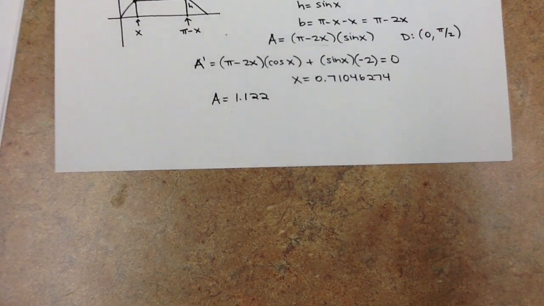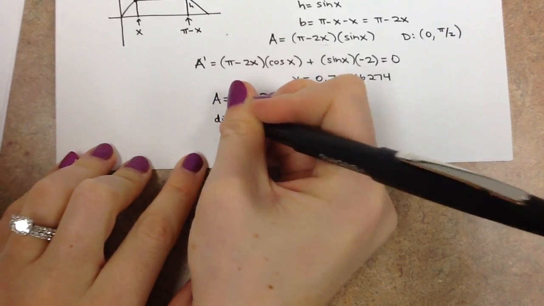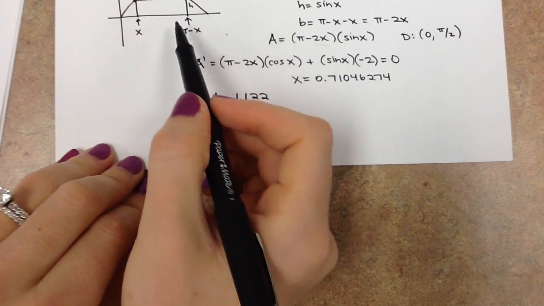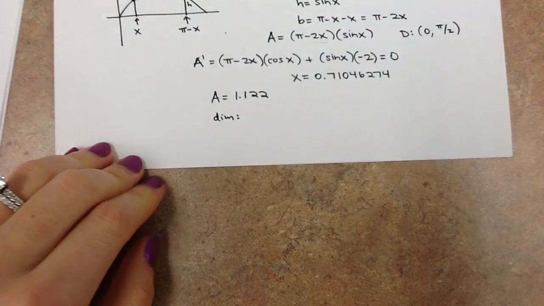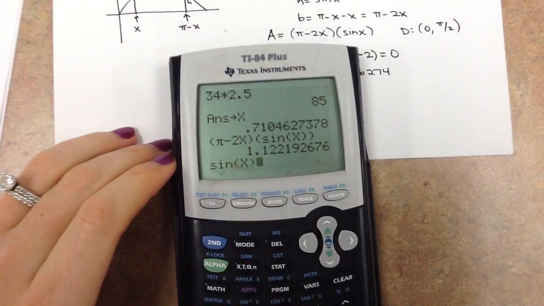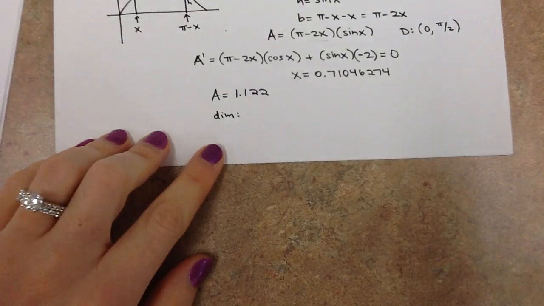And then it says what dimensions gave that rectangle. So dimensions, I know that my x value was 0.710, but that's not what we were asked for at all. H is the height, so we want sine of that x value, and the height is about 0.652.